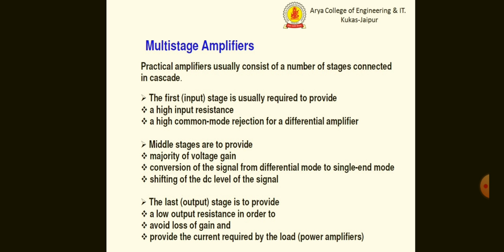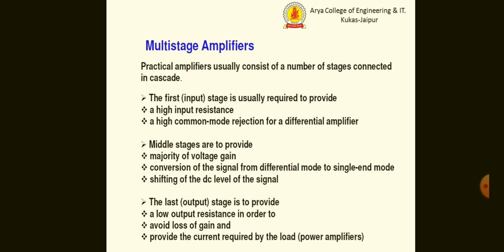Now we should know some of the aspects of the multi-stage amplifiers. Basically, the first input stage of such an amplifier is usually required to provide a high input resistance and a high common mode rejection for a differential amplifier.